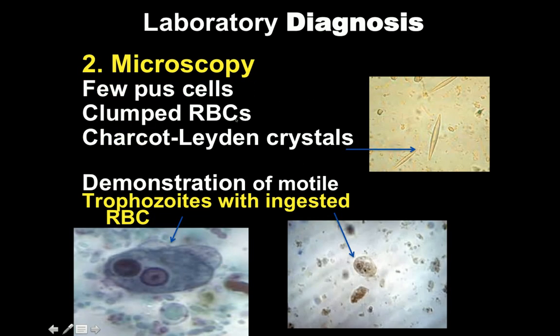When you do a microscopic examination, you see a few pus cells, then clumped RBCs, and one of the important diagnostic features is the presence of diamond shaped crystals, which are known as Charcot-Leyden crystals. These crystals are seen only in Entamoeba histolytica dysentery and not in Shigella dysentery.